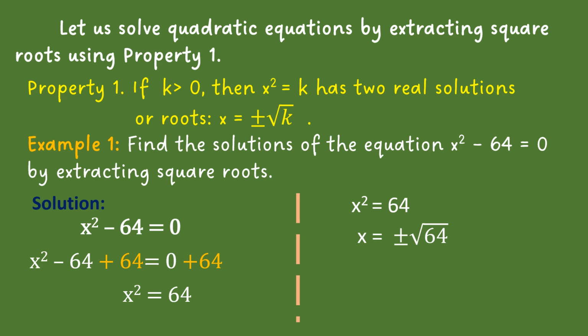Extracting the square root of both sides, we will have x is equal to positive or negative square root of 64. So we have x is equal to positive or negative 8. So the roots are x is equal to positive 8 or x is equal to negative 8.